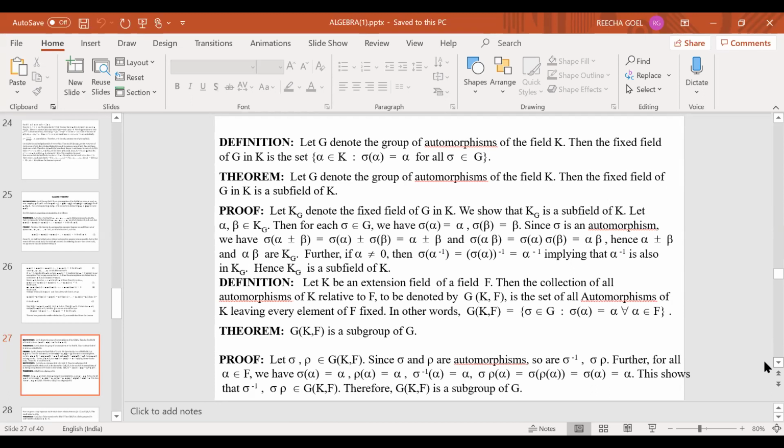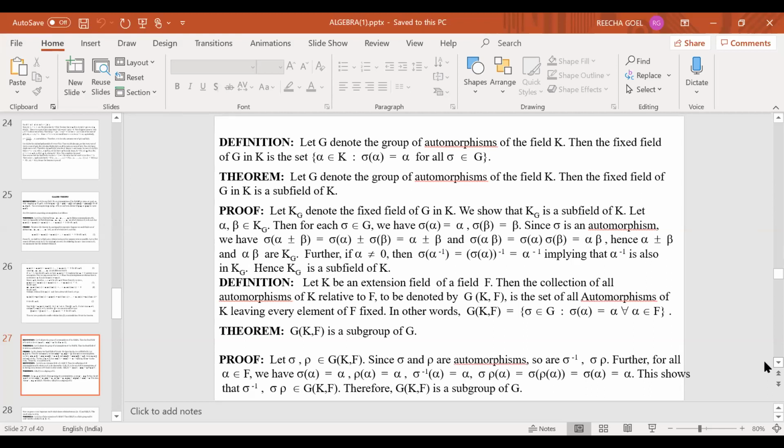Now let me come to the other part. Suppose K is an extension of F, then consider the collection of all automorphisms of K related to F. That is, I am looking at automorphisms of K only, related to F, because F is a subfield of K. I denote this by G(K,F), and it is defined to be the collection of all automorphisms under which all elements of F remain fixed.